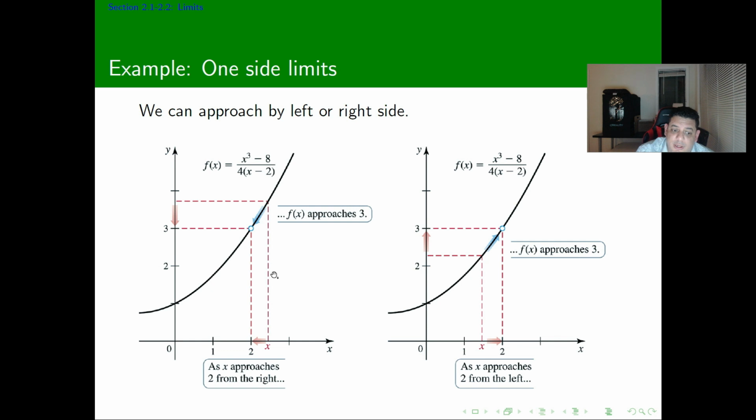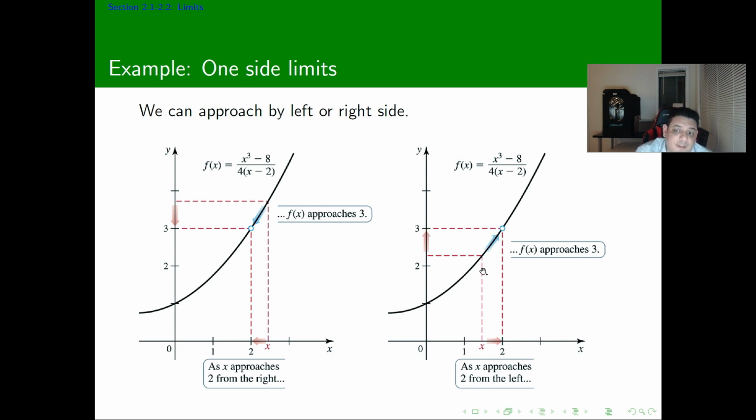Of course, you can see that when you approach by the left or the right side. Notice if you approach by the right side, when x is over here, the value is here, which is quickly approaching 3. And when you're going by the left side, the similar thing is happening. You're getting very close to the point 3.